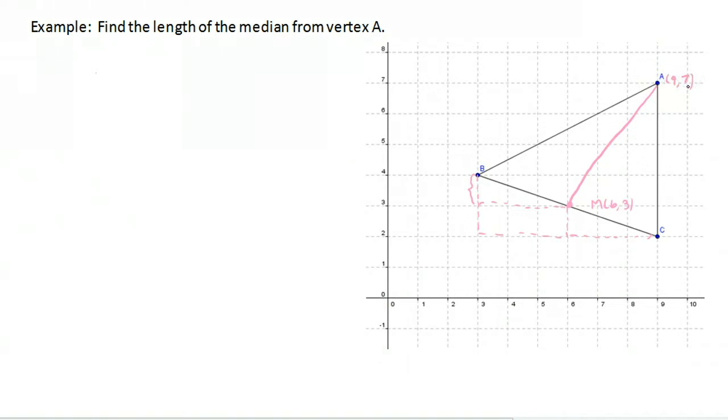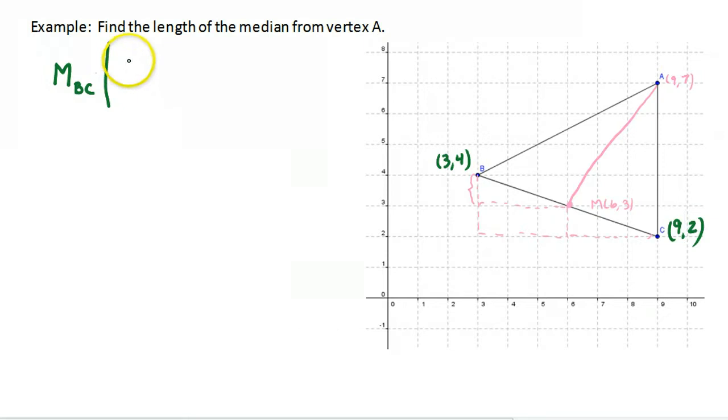So let's take a second. Imagine we didn't have a scaled diagram, so we couldn't read it off. What we could do is first find the midpoint of BC by using the formula. We know B is the point (3, 4) and C is the point (9, 2).